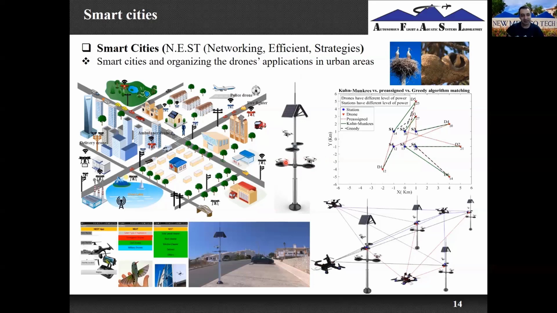Drones can land there, they can be protected by some shell, and we can have a solar panel to charge them. We can charge them by RF or radio frequency energy harvesters, like the wireless charging we can see for some phones. We can use the same concept for drones, or for replacing the battery. We can design these stations in such a way that we can replace the battery.